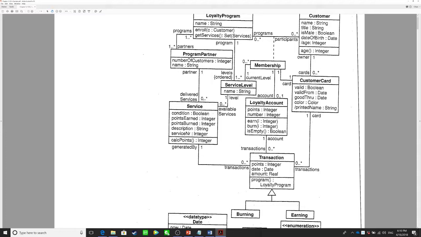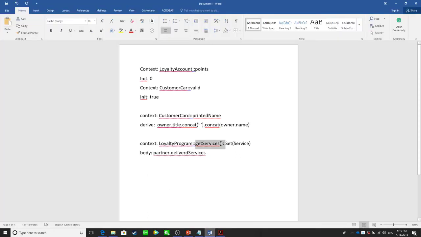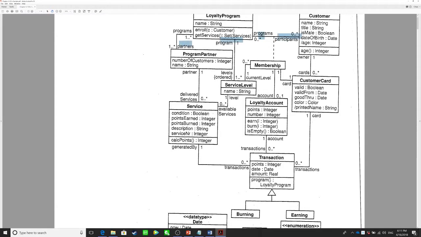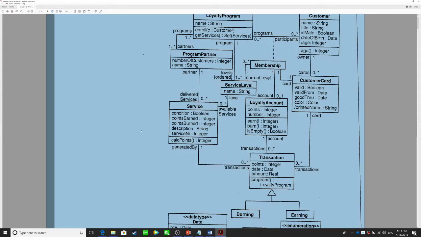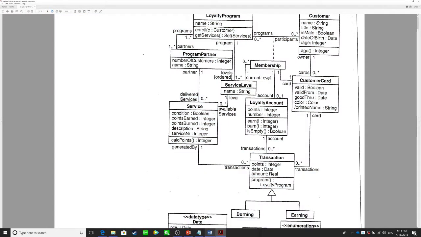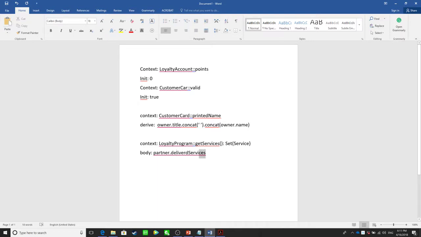So partners dot delivered service will return you a whole set of service. That's exactly what we want to specify.